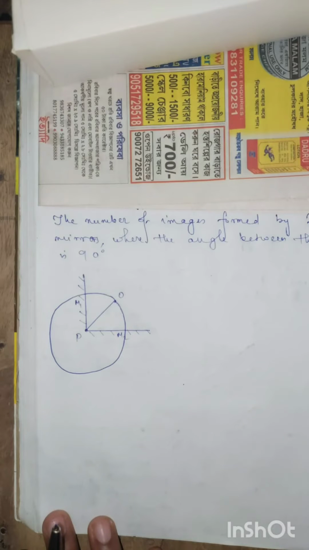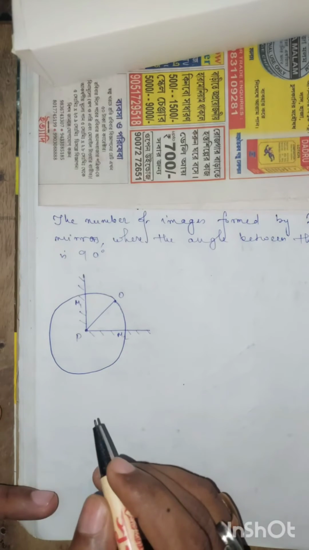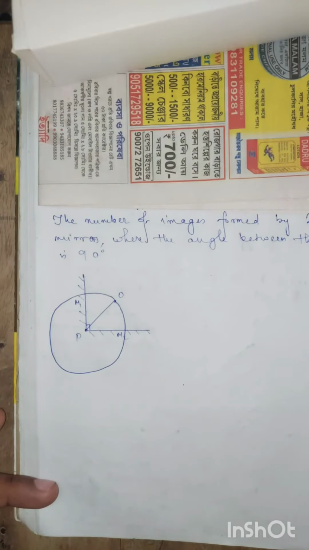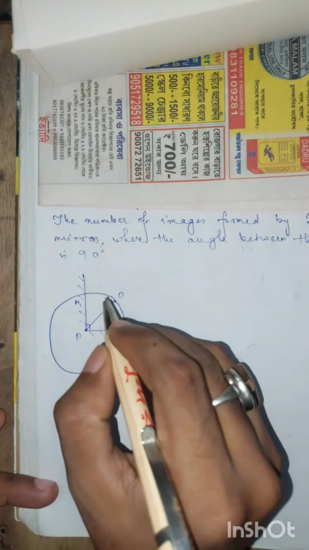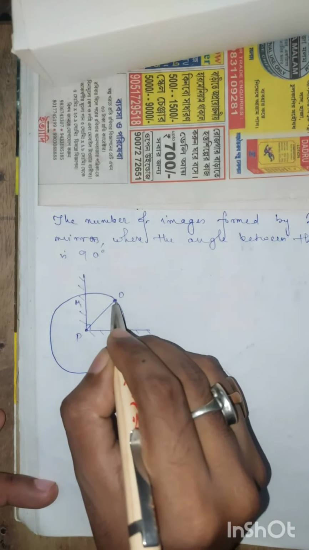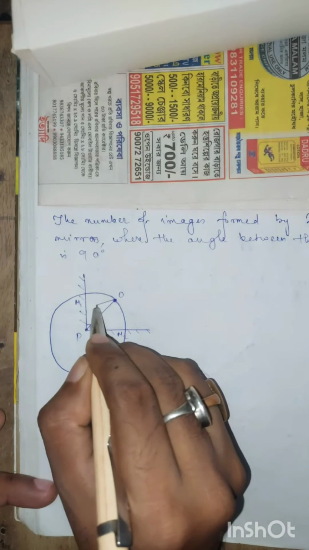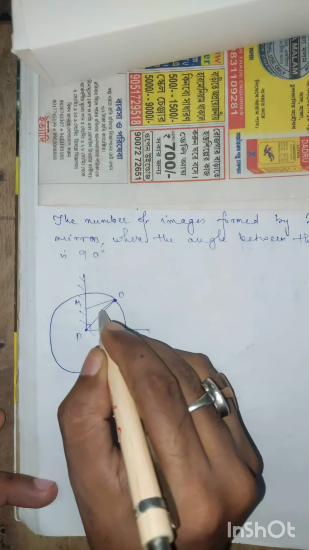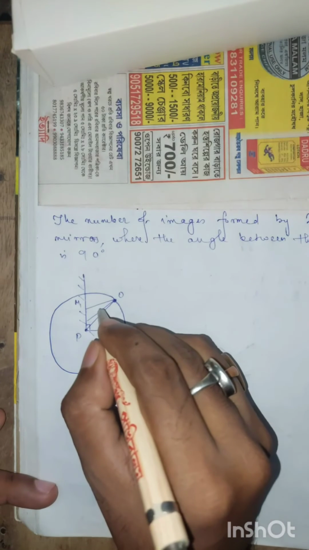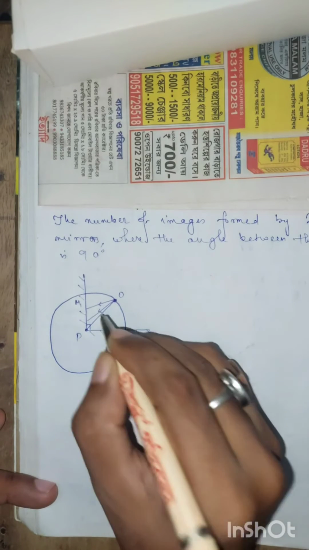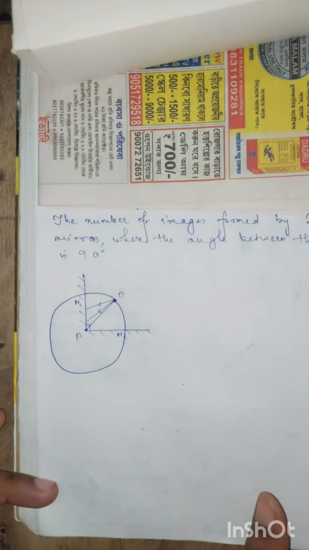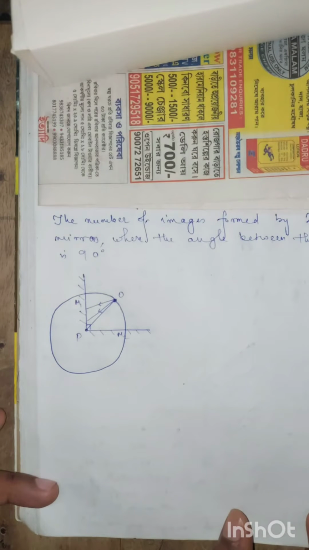Now let me explain it. This angle is 90 degree. Now let me take two rays, one, two. Two rays are coming out of the object and they are incident on mirror 1.